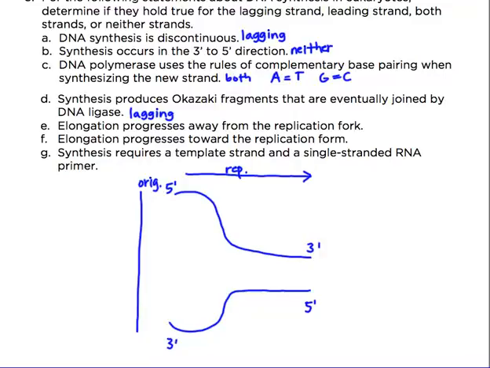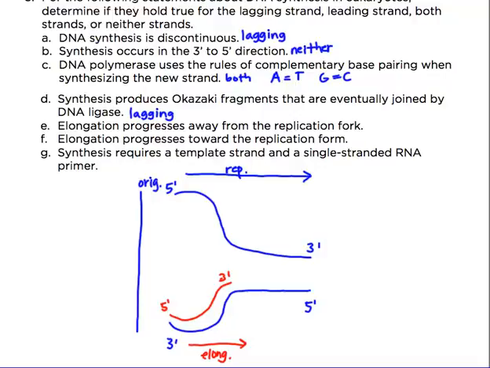Now again, DNA polymerase reads the template strand from 3' to 5' and creates a new strand in the 5' to 3' direction. So the leading strand is going to be from the template on the bottom, and it'll be 5' to 3'. And for that strand, the elongation is to the right.